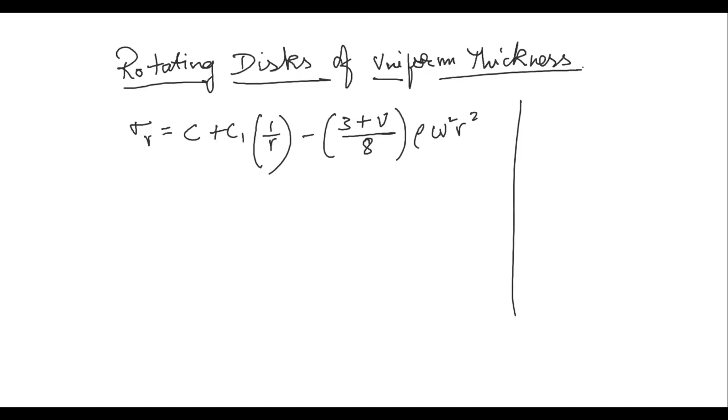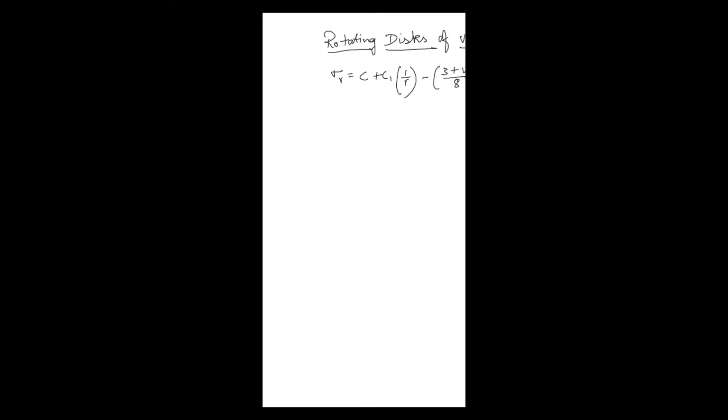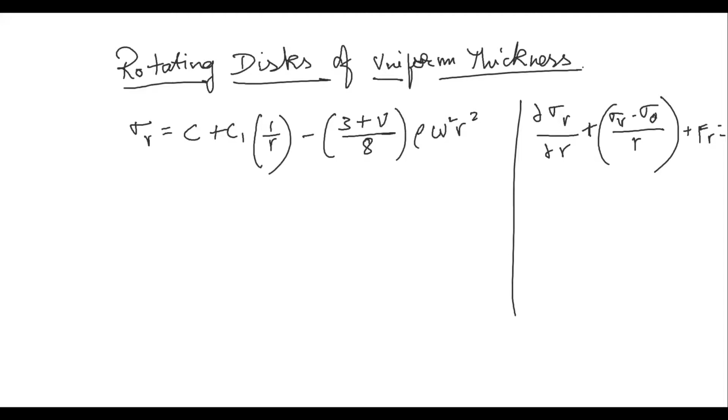So let me write that here. That is dou sigma r by dou r plus (sigma r minus sigma theta) by r plus fr equals 0. This is the basic equation that we already derived in the first class on the polar coordinate system.